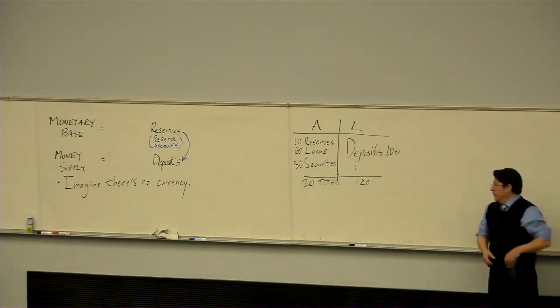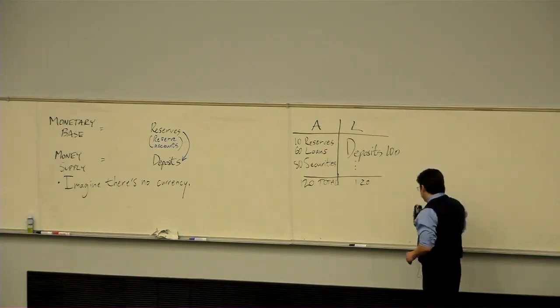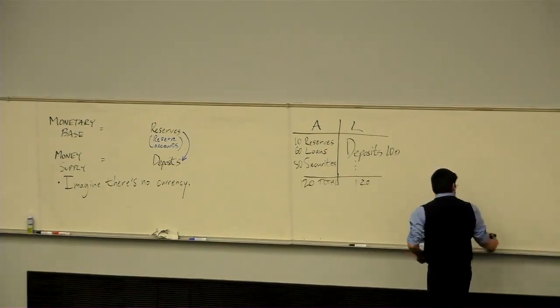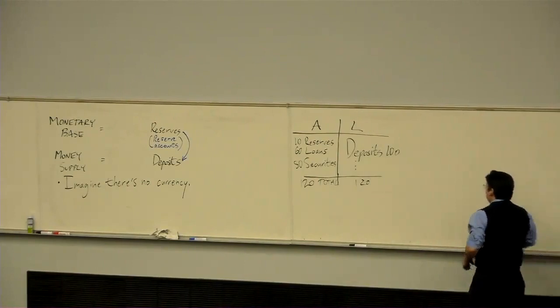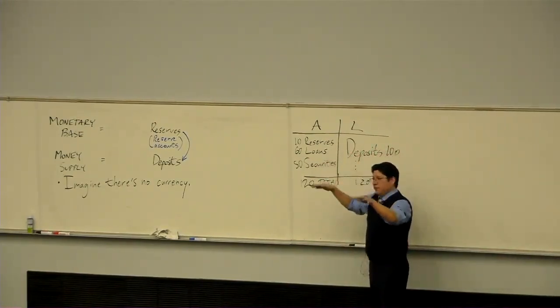Now suppose, since that's true at every single bank, what if I added up all the deposits, all the reserves, all the loans, and everything else across all the banks?